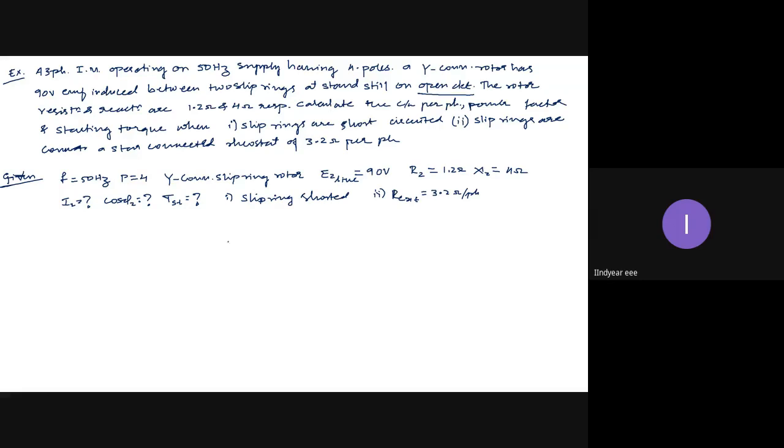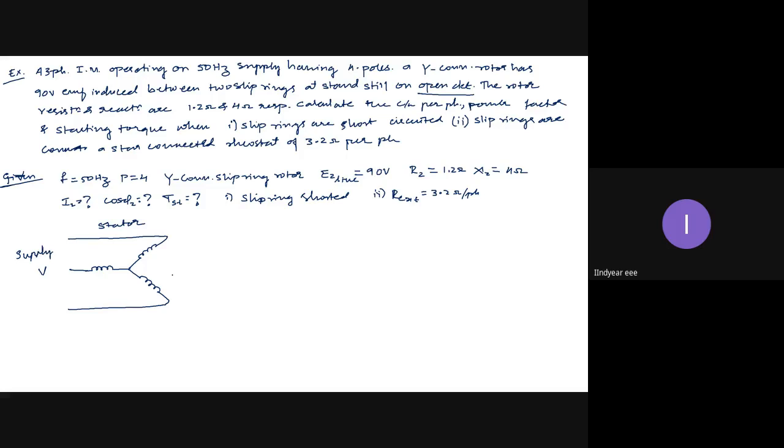Okay. So how is a three-phase induction motor represented as a circuit symbol? We have a three-phase stator. Because it is a slip ring motor, I take a star connected stator. So this is the stator, and here we are applying V supply.